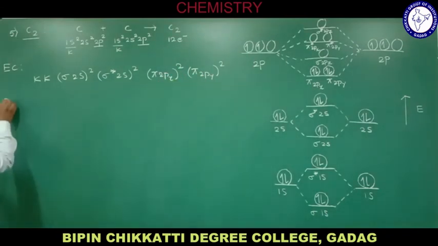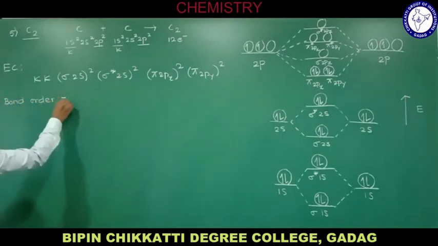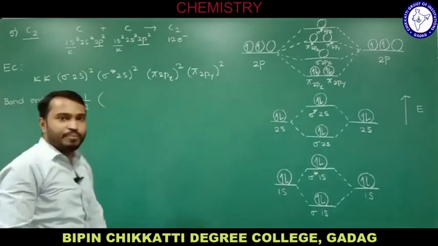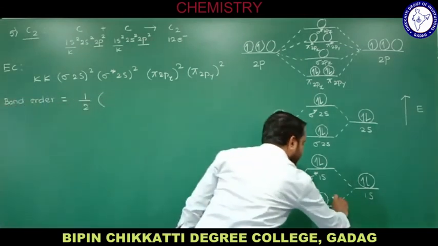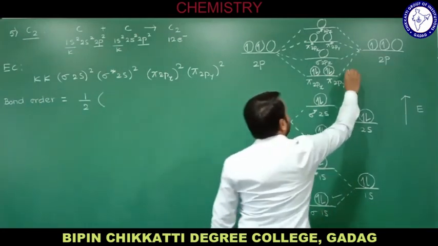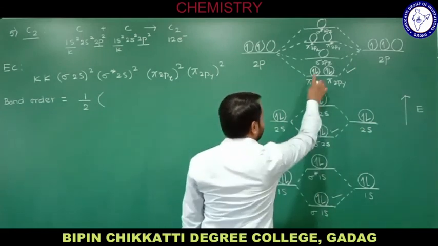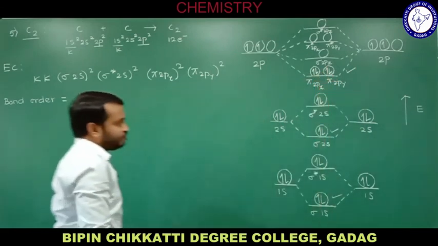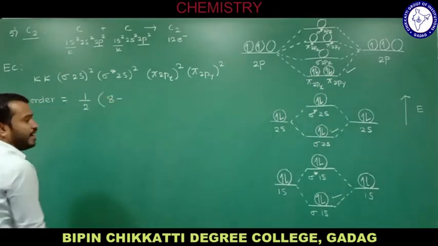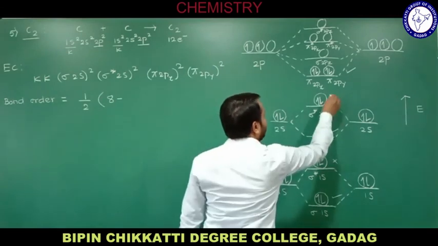We'll see the bond order. Bond order is equal to 1 divided by 2 into the electrons in BMO minus the electrons in ABMO. These are the bonding molecular orbitals: 1, 2, 3, 4, 5, 6, 7, 8. 8 bonding electrons we got, minus the anti-bonding molecular orbitals.